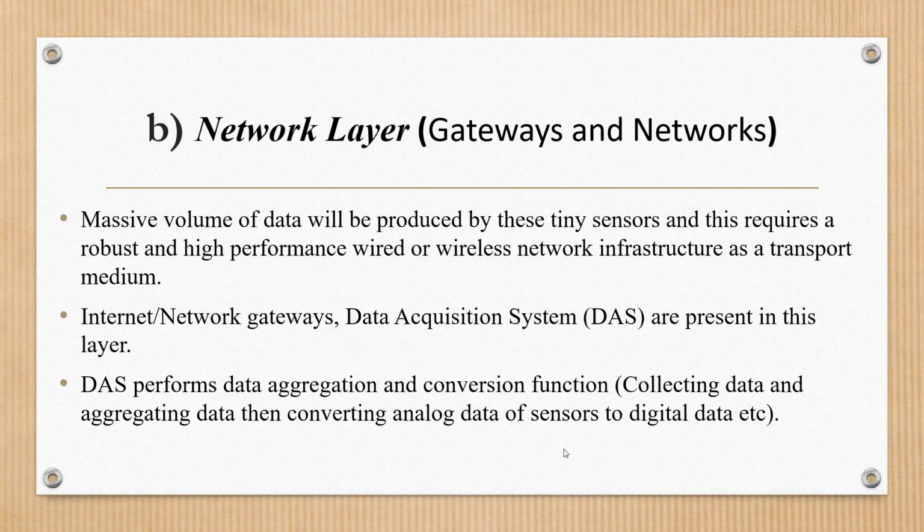The next layer, as I mentioned again, is the network layer or gateway. Its role is to capture data from multiple devices, not from a single sensor, and then it does data aggregation.